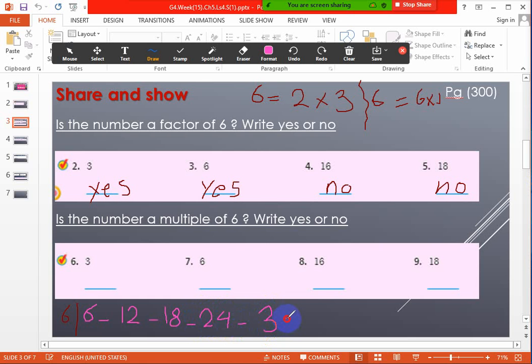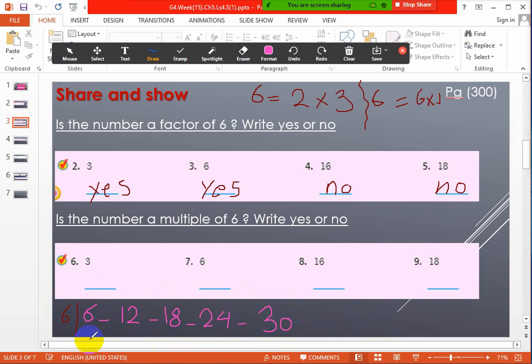Very good Kinda. So look, if you continue, 6 multiply 7, you can continue, but I will stop here.